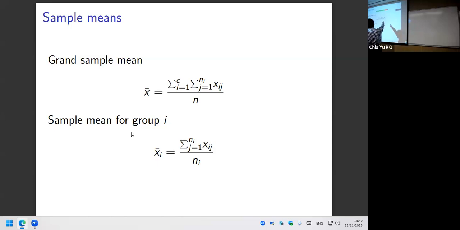You go from group 1 up to c, adding up all observations over how many of them. And the sample mean of group i will be just adding all the observations in group i over how many of those. That is very simple, right?